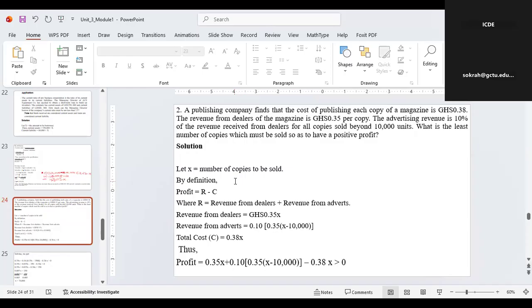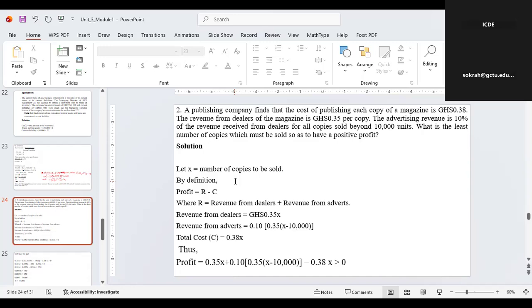Then we should also know that by definition, as we stated last week, profit is equal to revenue minus cost. And so, what is our revenue? Our revenue, R, is equal to the revenue from dealers plus the revenue from adverts.